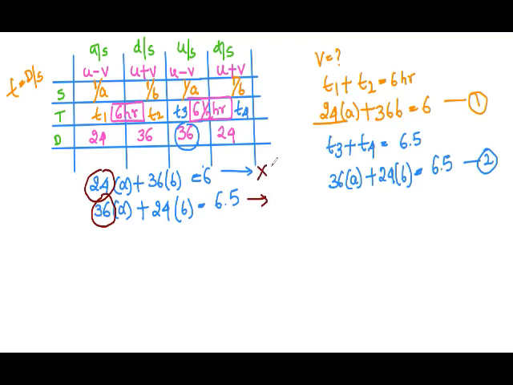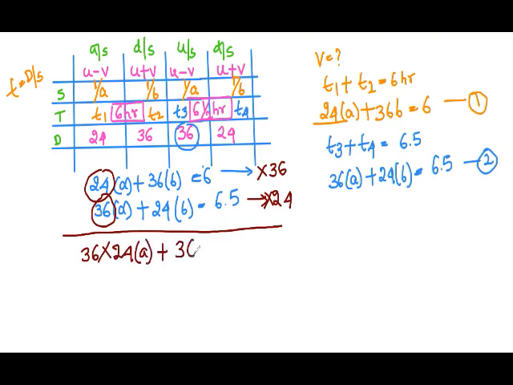Here I have 36, I will multiply this by 36. Here I have 24, I will multiply this by 24. If you multiply, it will come to 36 into 24a plus 36 square b is equal to 36 into 6.